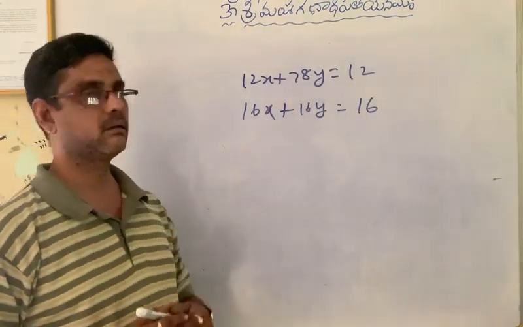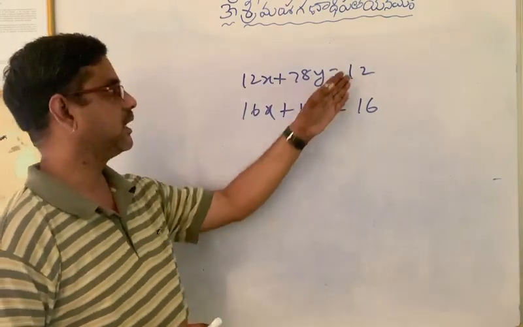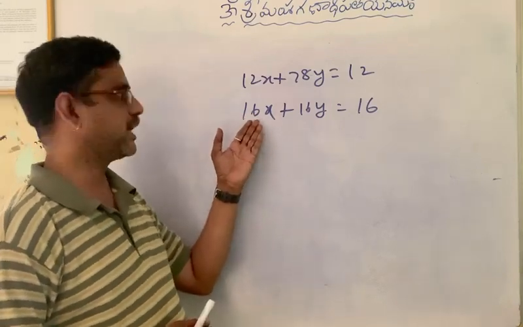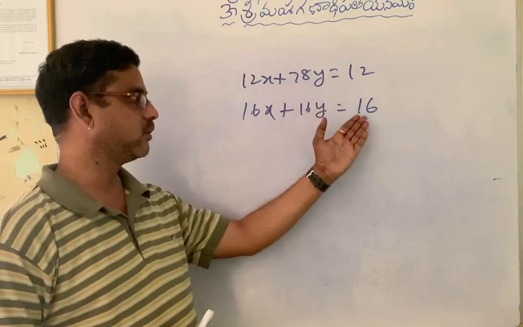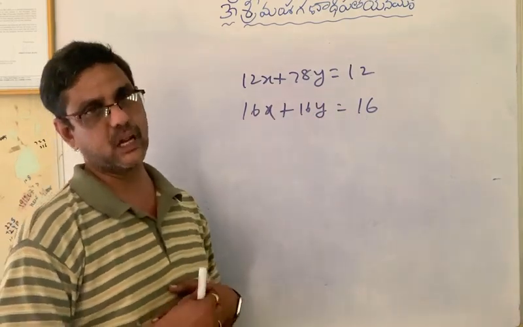See here, A1 by A2 is 12 by 16 and C1 by C2 is also 12 by 16. That means the ratio of coefficients of x is equal to the ratio of constants. So we can apply the Anurupyena Sutra here also.